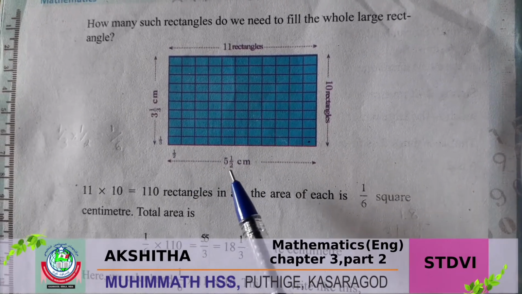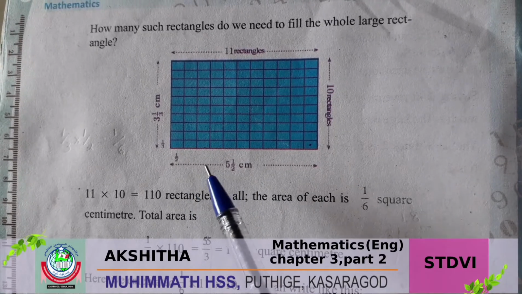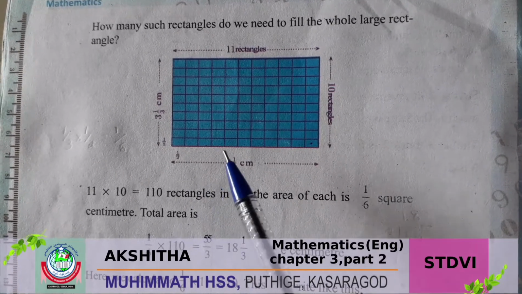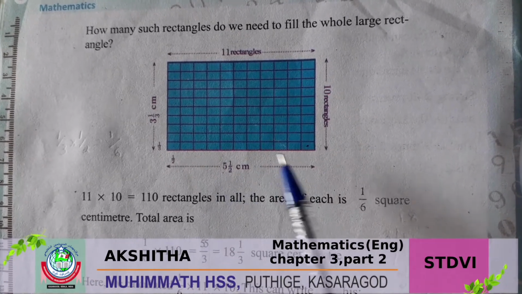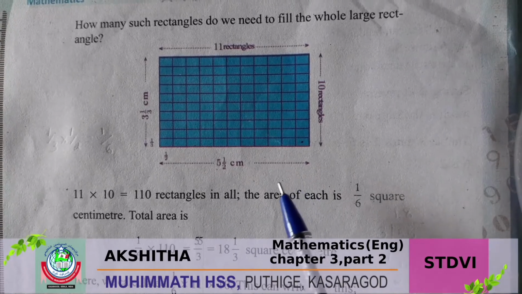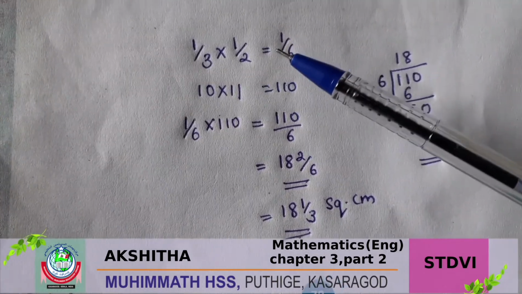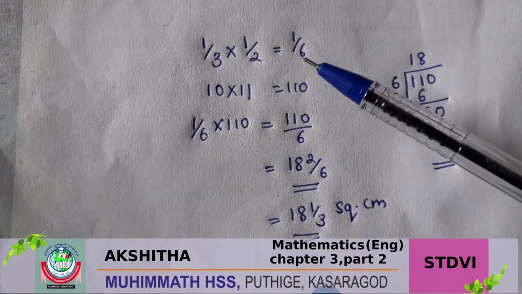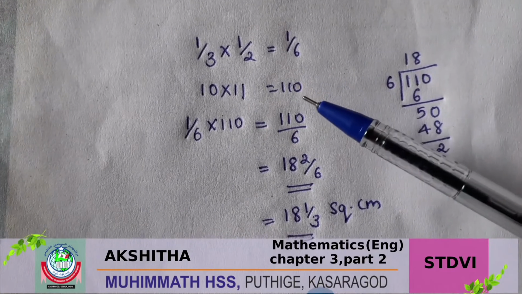Here 5 and half, right? So half into 11, 5 1 by 2. So we can make here 11 rectangles. Can you see the area now? 1 by 3 into 1 by 2 is equal to 1 by 6. Next 10 into 11, 110.